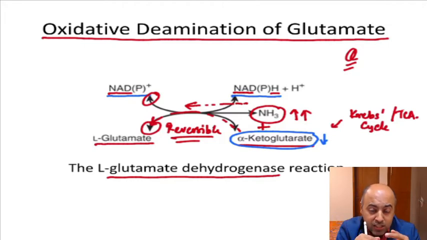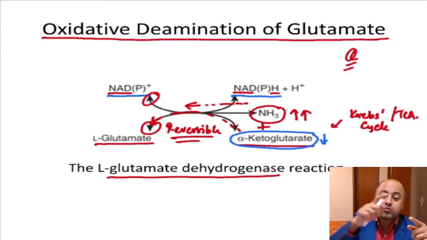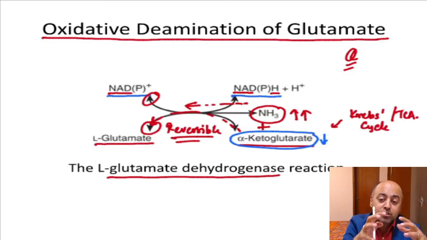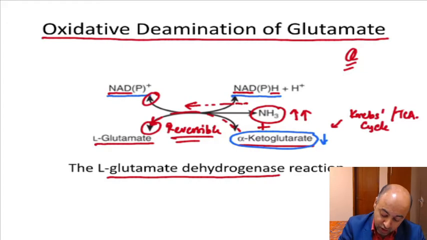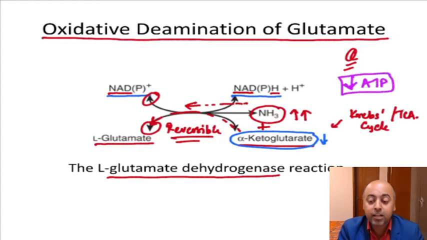All of them will converge at the TCA cycle, and all the ATP we get is from the TCA cycle. But if you remove one of the components, the cycle will slow down. When the cycle slows down, the ATP production will fall, so we have less ATP. Because of this, we have the encephalopathy.